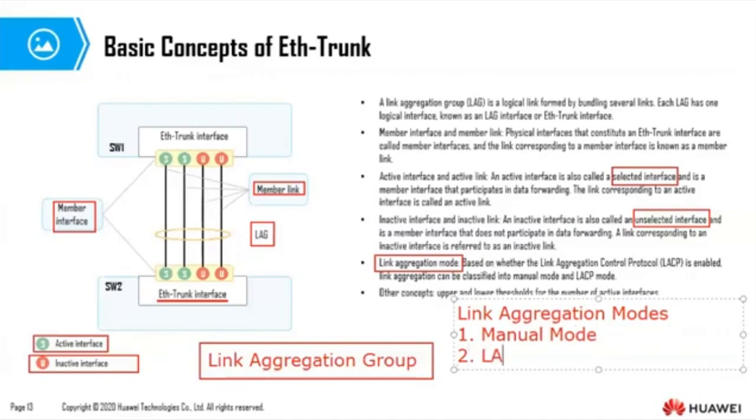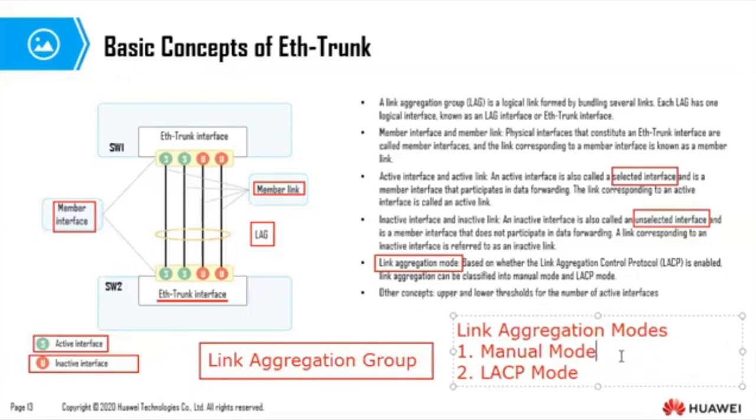Number two, we have the LACP mode. When you manually configure Ethernet trunks on your switch, that is what we call the manual mode. That is done by the administrator.